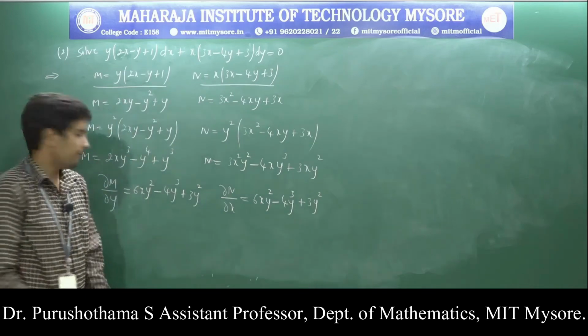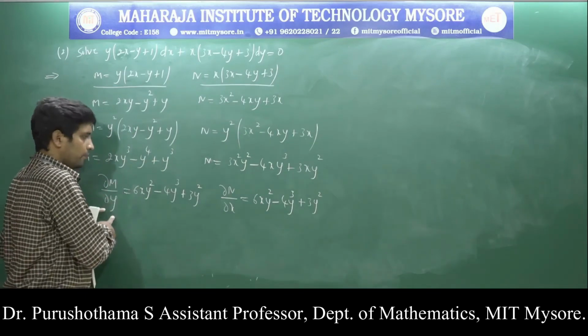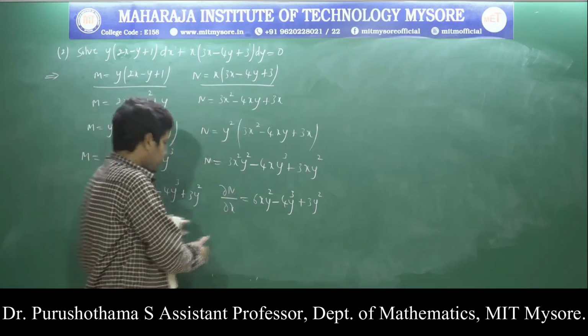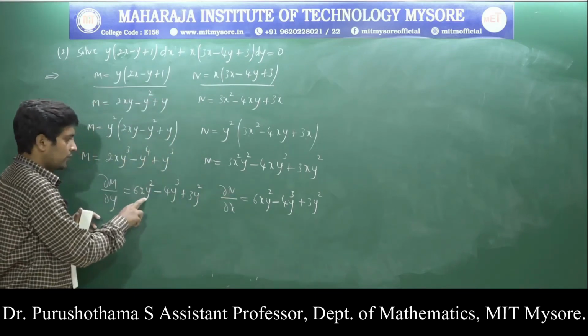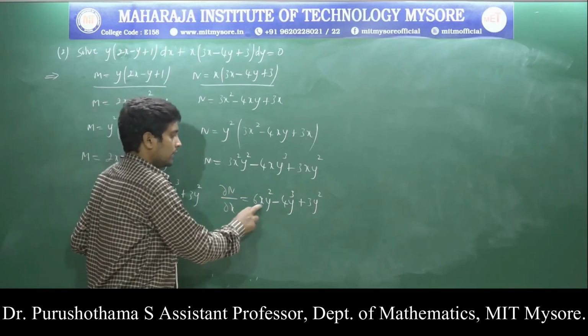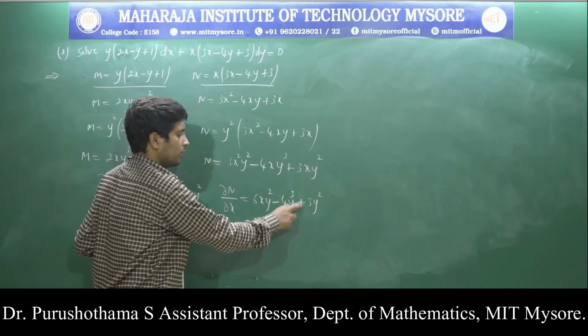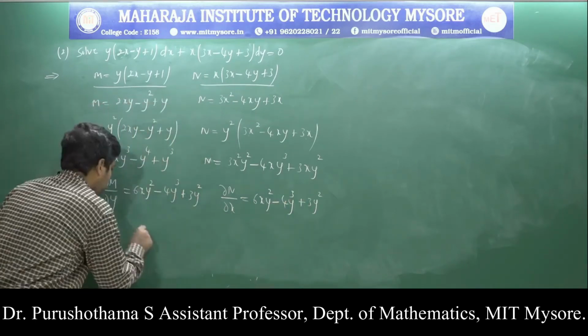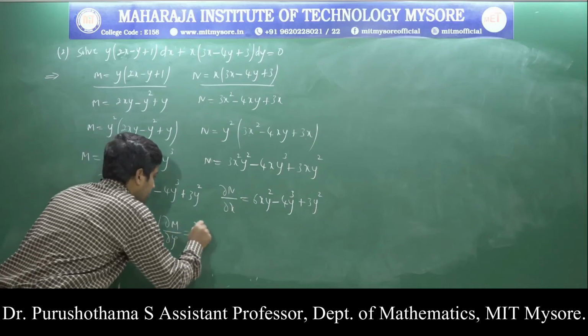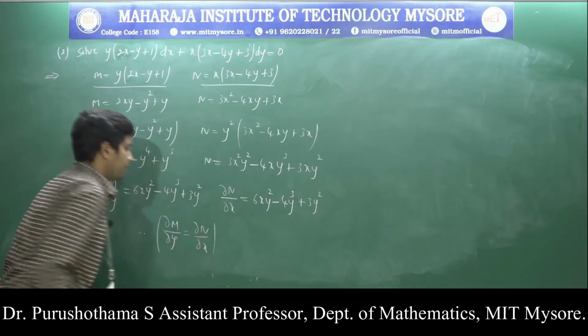Now we observe that the derivative of m with respect to y is the same as n with respect to x. So m with respect to y derivative is 6xy square minus 4y cube plus 3y square, and with respect to x it is 6xy square minus 4y cube plus 3y square. Therefore, m with respect to y is equal to n with respect to x.